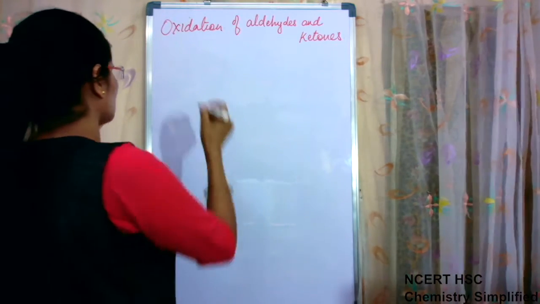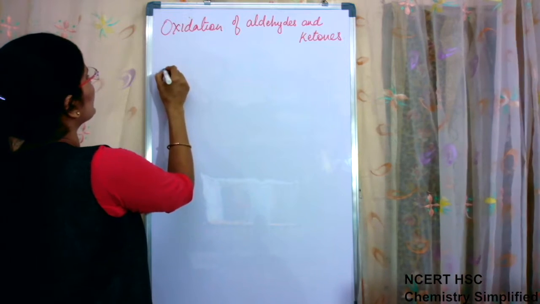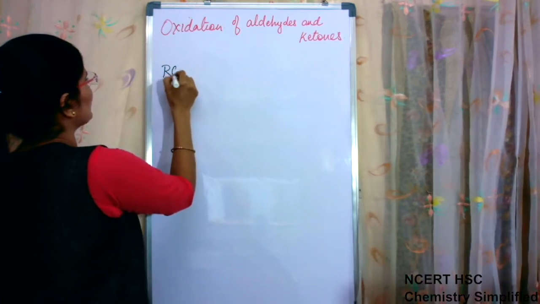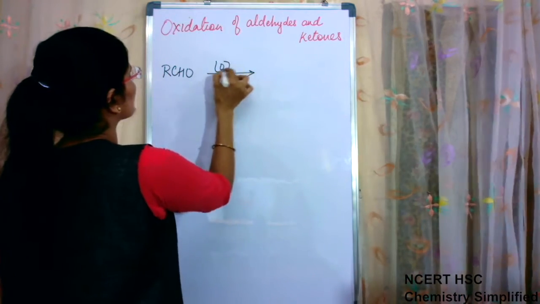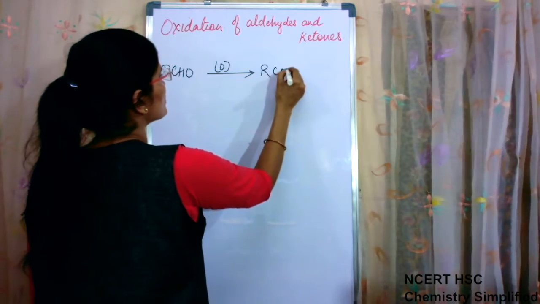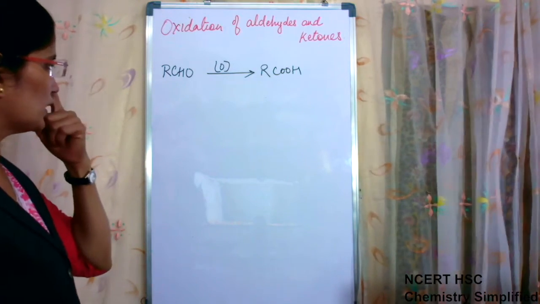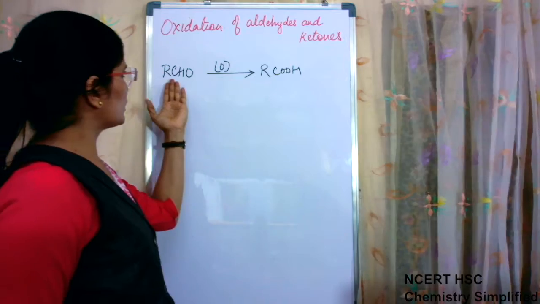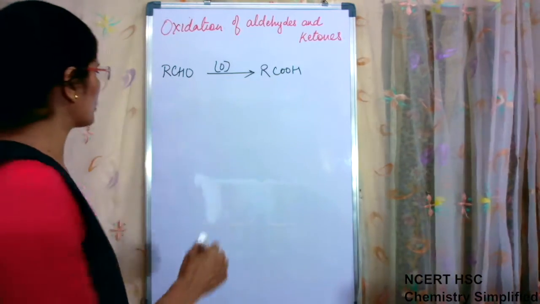Now, if we talk about oxidation of aldehyde, general aldehyde we are taking RCHO, oxidized to give RCOOH acids. Okay. Now, aldehydes are easily oxidized. Why are aldehydes easily oxidized?